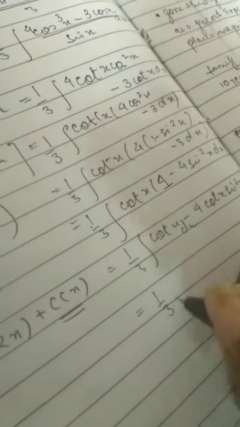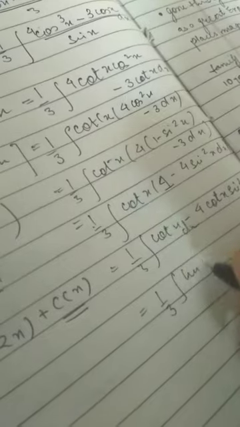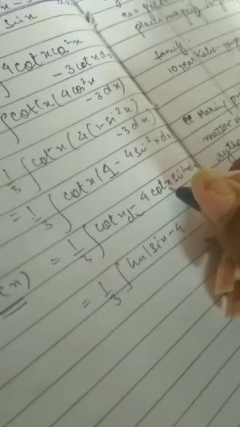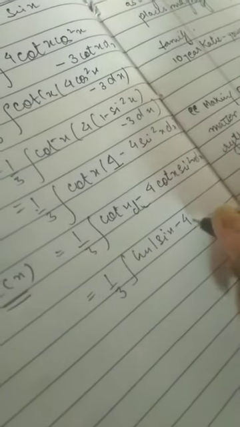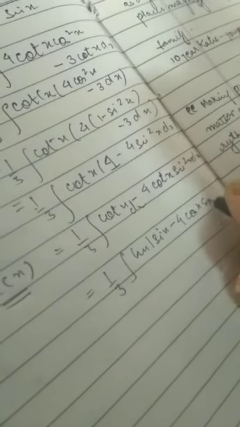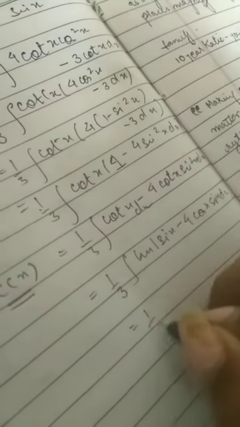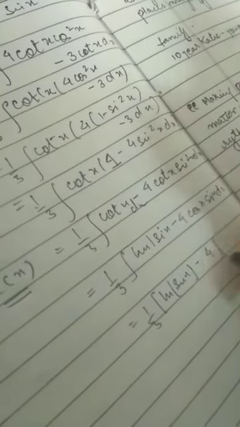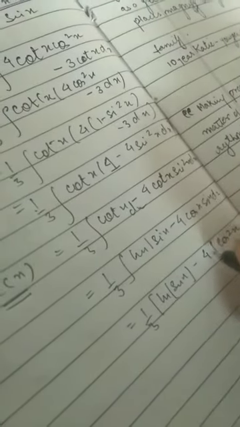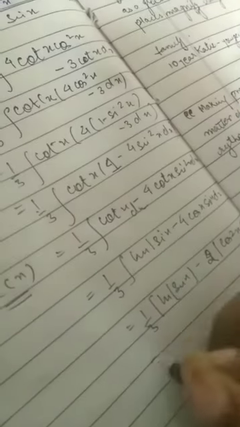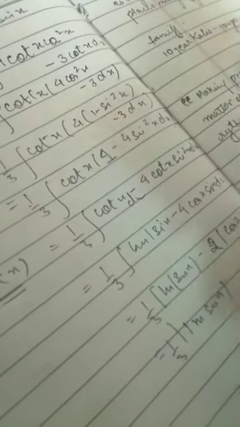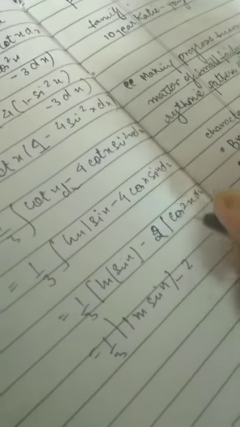So the integration of cot x is ln of sin x, and minus 4 times cot x, which is cos upon sin x; sin x is cancelled, so it becomes cos x sin x dx. This is 1 by 3 ln sin x minus 4 integration of cos x sin x, which is 1 by 3 ln sin x minus 2 integration of sin 2x.